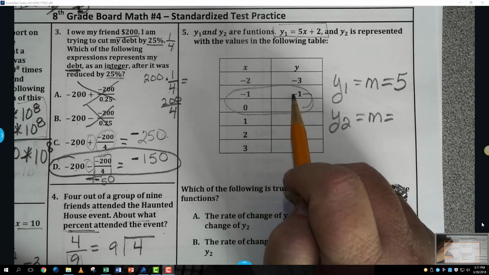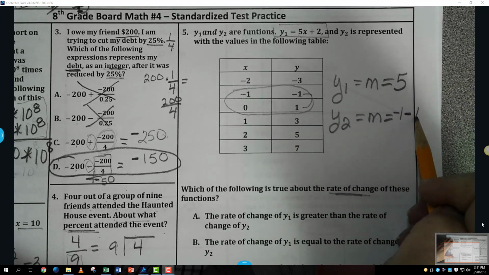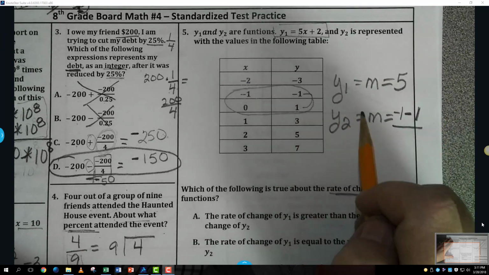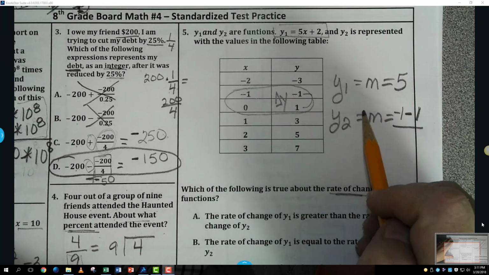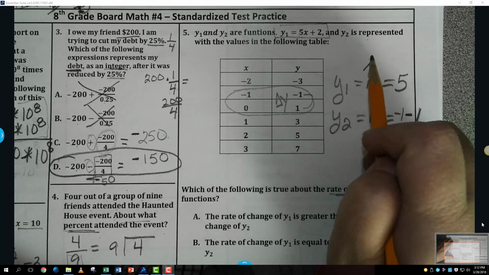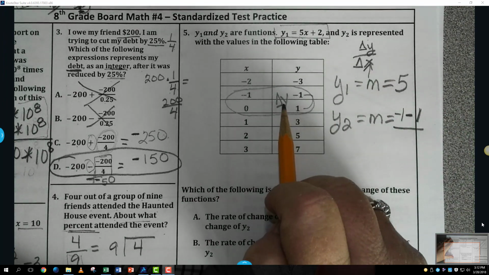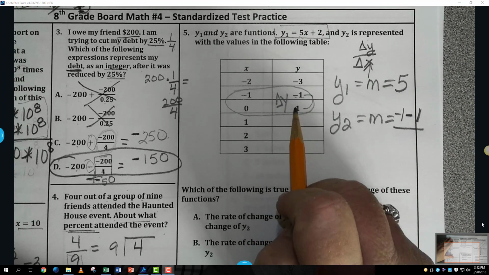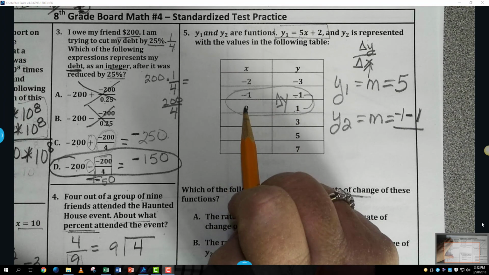So I can say negative 1 minus 1 over, right, because this is the change in y. This is the change in y, and slope, as we know, is the change in y over the change in x. So I'm going to say negative 1 minus 1. Now I said this minus this, so I have to be consistent.